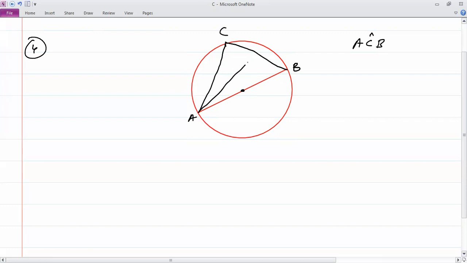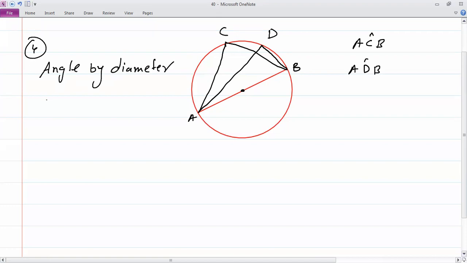In the same way, I can take this one also, this angle ADB is also the angle by the diameter. So remember, the angle by the diameter on the circumference is 90 degrees. Always this angle will be 90. If the diameter makes an angle on the circumference, it will be 90.